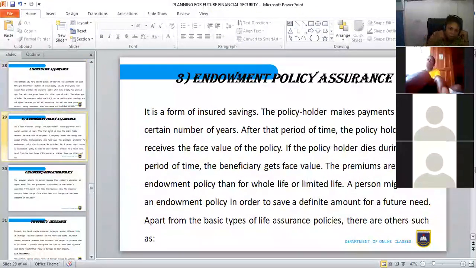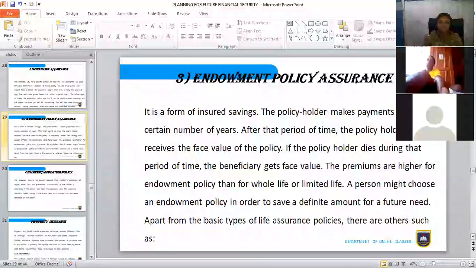And there's another one called the endowment policy assurance. Endowment policy assurance is also a form of insured savings, and the policy holder will make payment for a certain number of years. And after that period of time, the policy holder receives the face value of the policy. So if the policy holder dies during that period of time, the beneficiary will get the value.